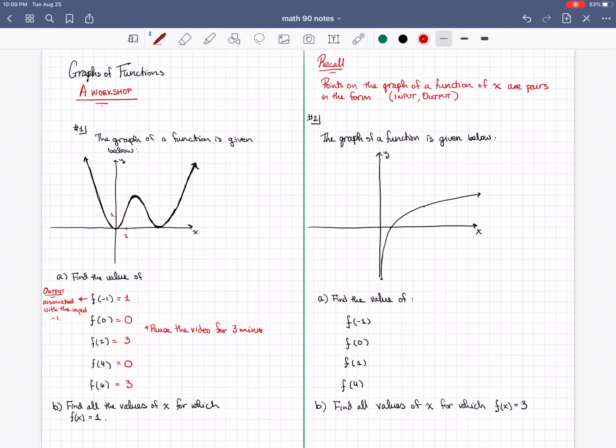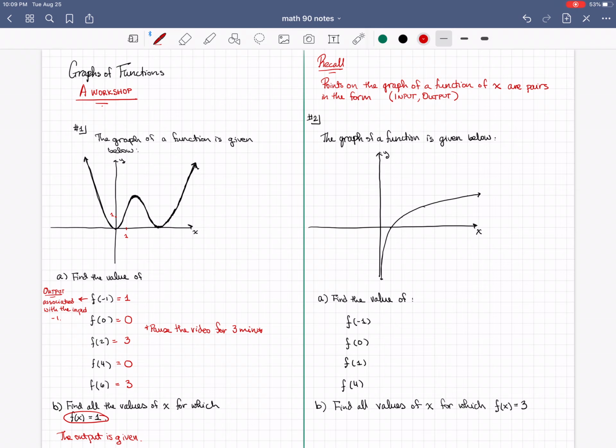For part B, find all the values of x for which f of x is equal to 1. So here, I'm telling you the output. The output is given here. And the question is, okay, well, what inputs correspond to that output?